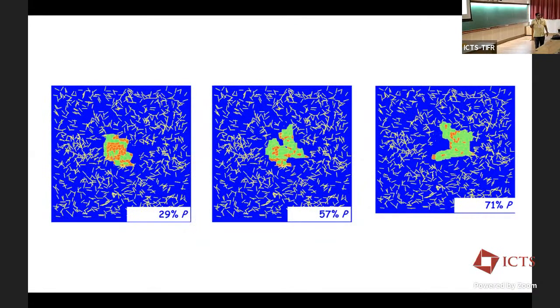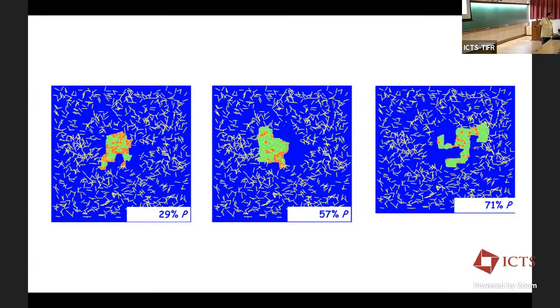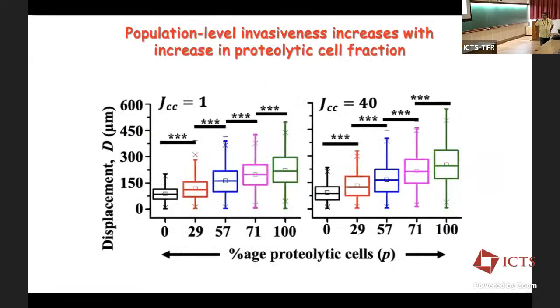I can do these simulations, vary the proportion of proteolytic and non-proteolytic cells, and of course the expectation is that an increase in the proteolytic fraction would lead to an increase in the extent of invasion. We can quantify this data here.